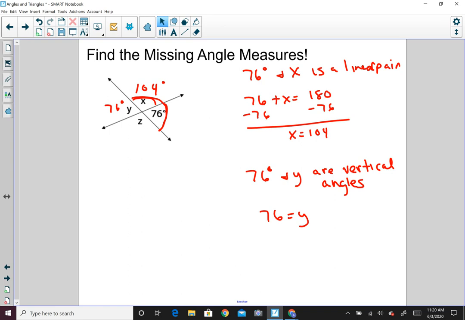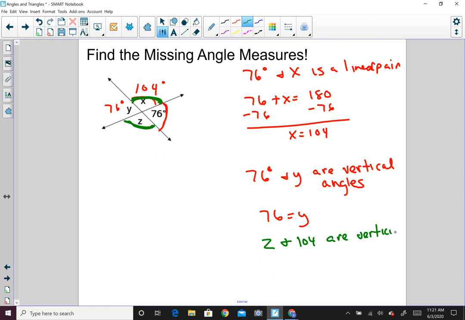I can do 76 in z, or I can do 104 in z, because look, x is a vertical angle with z. They're facing off from each other. They're made by intersecting lines, and they're staring at each other. So I know that z and 104 are vertical angles. So z equals 104 degrees. And I can put it back in my diagram. So there we've done the first problem, and we found 3 different missing angles already.